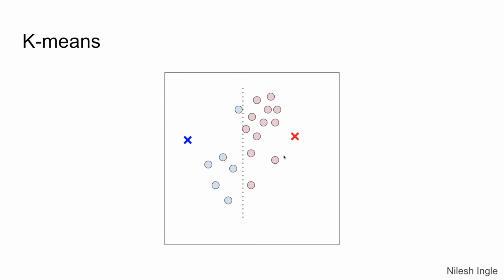Now after this step is done, the next step would be to find the new location for these x's based on the colored points that we have created. So let's say these points move in this direction. Once that is done, we begin from the start.